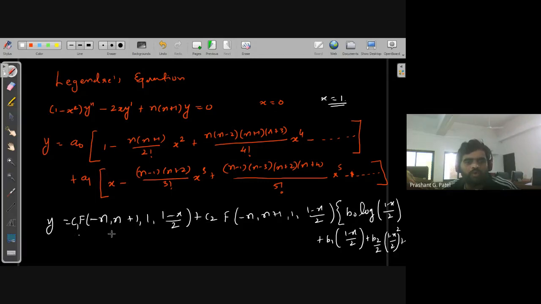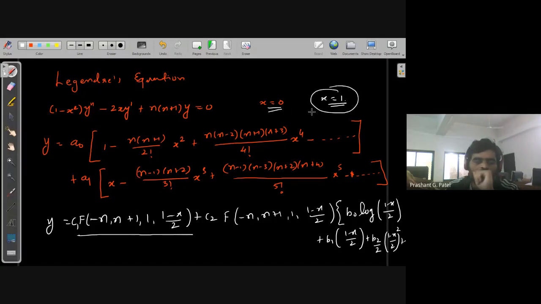So what will be this quantity if your n is an integer, which we have considered in this case. These are the two solutions we got in the previous lecture about x is equal to 0 and x is equal to 1.